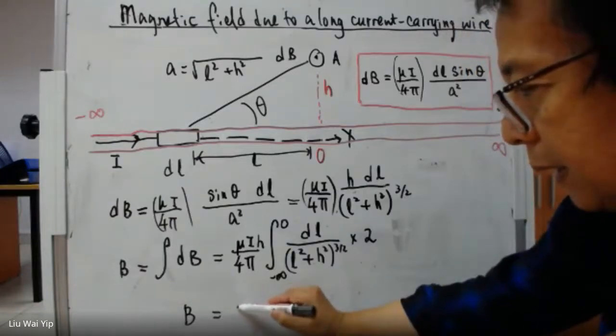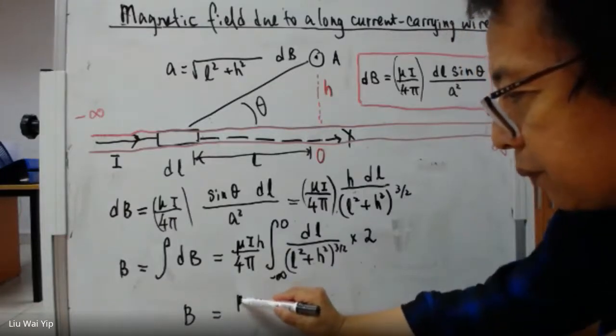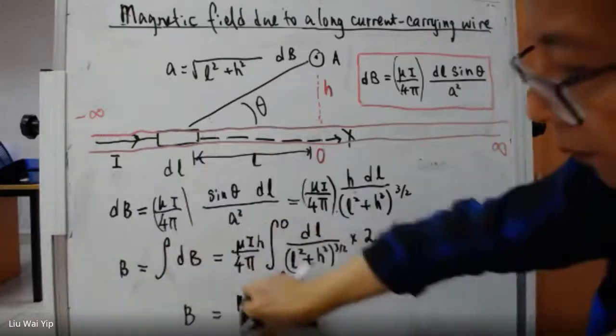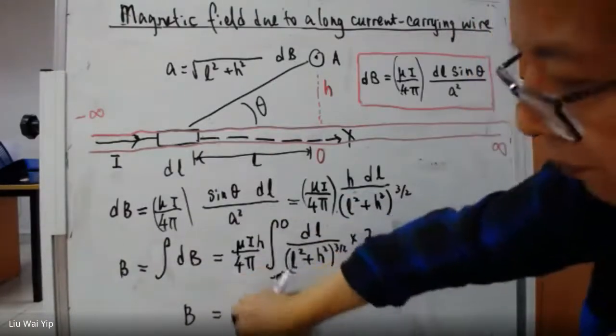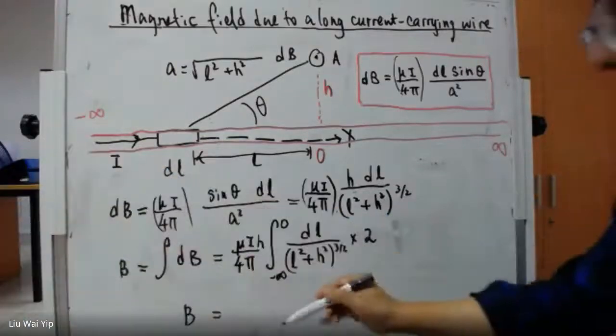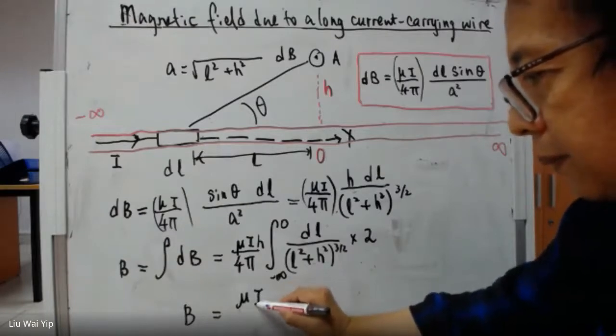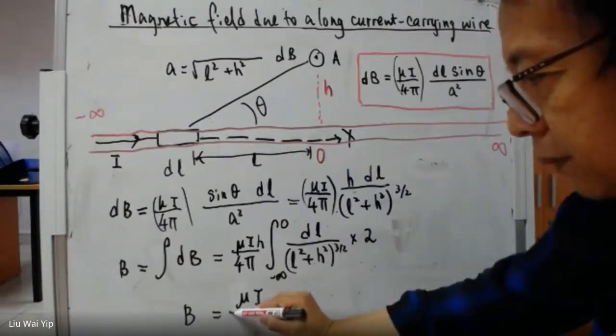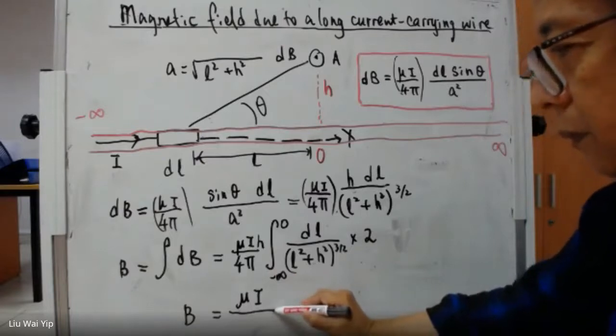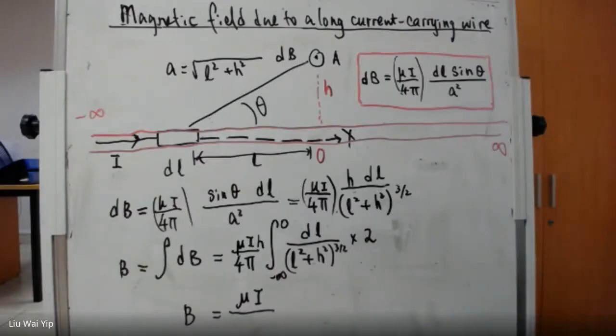The answer is going to be mu I divided by 2 pi h.